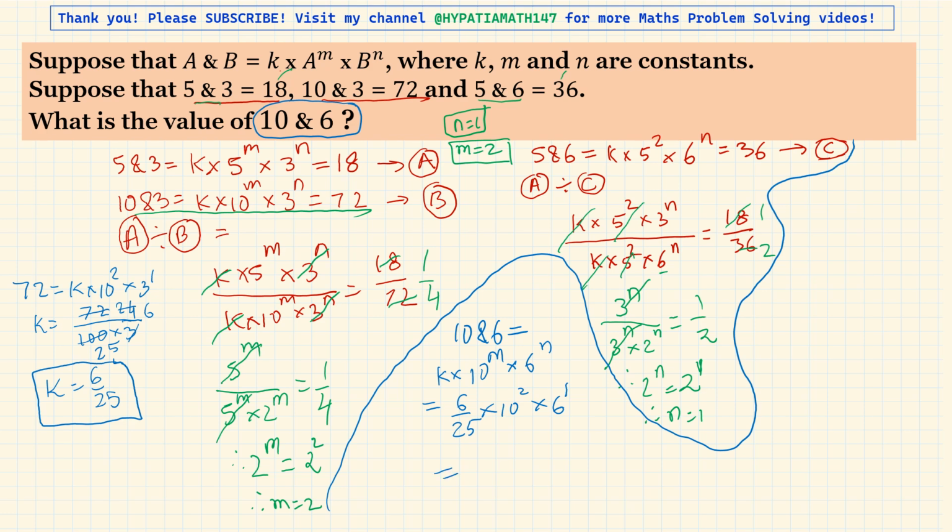And that is equal to 6 times 6, 36, so 6 times 100 out of 25. And then 25 times 4 is 100. So 36 times 4 is 144. And that's the answer really, 144. So we get this is equal to 144.